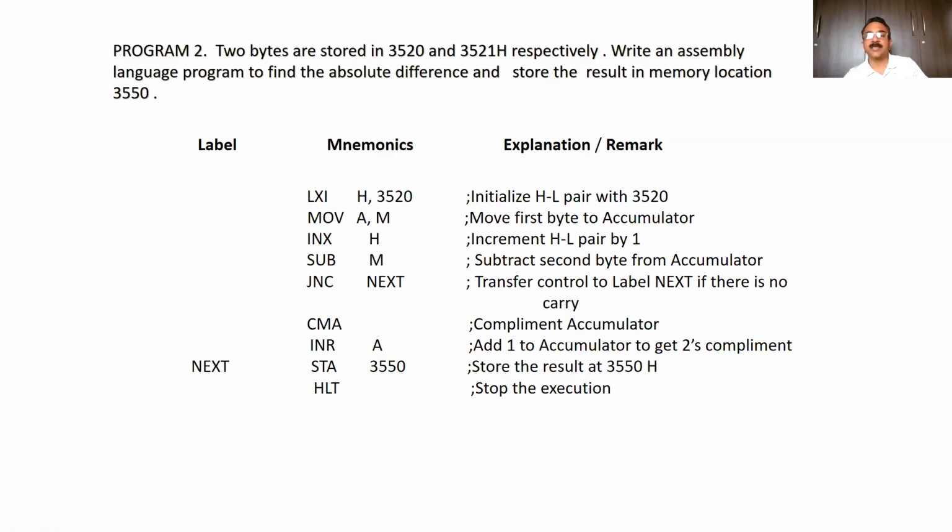Secondly, the absolute difference is nothing but the program of subtraction of 2 bytes. But what is the basic difference between a subtraction program and an absolute difference program? In an absolute difference program, your result is always positive. Meaning even if you subtract the bigger number from the smaller number, you still have to convert the answer which you get in minus into plus again.